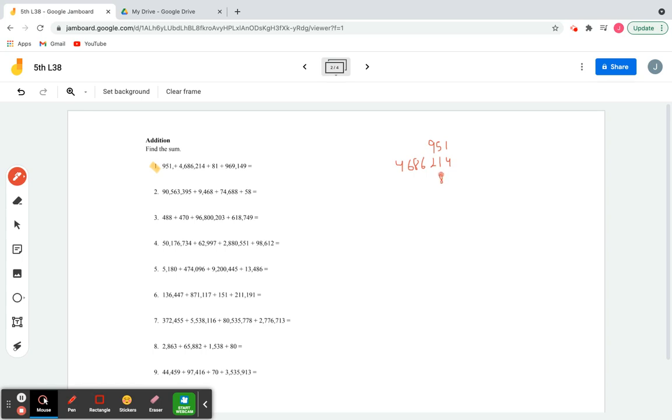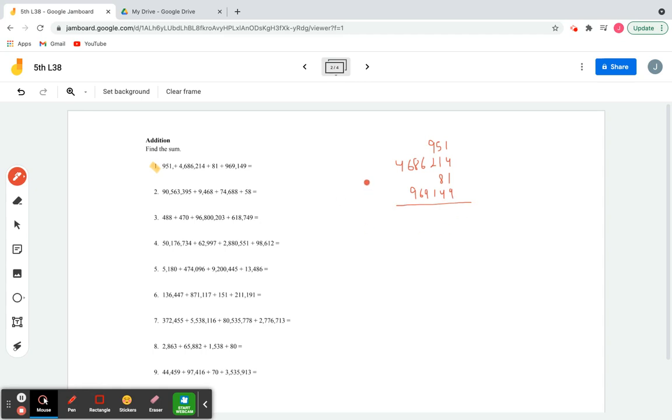And then we have 8, 1, and then 9, 6, 9, 1. It's important to line up the numbers, and that's why I wrote the numbers like this, so I cannot be confused.